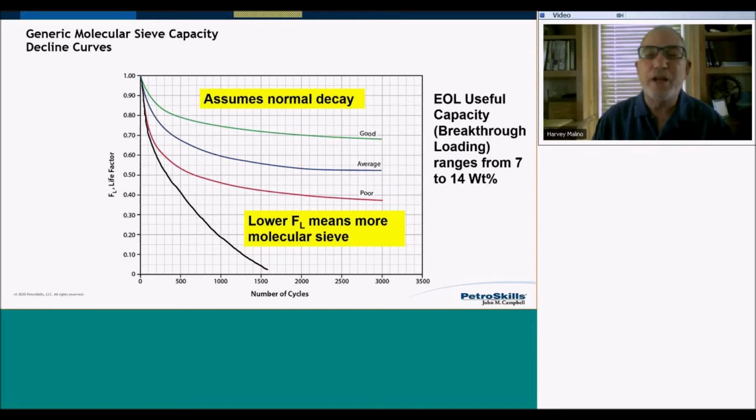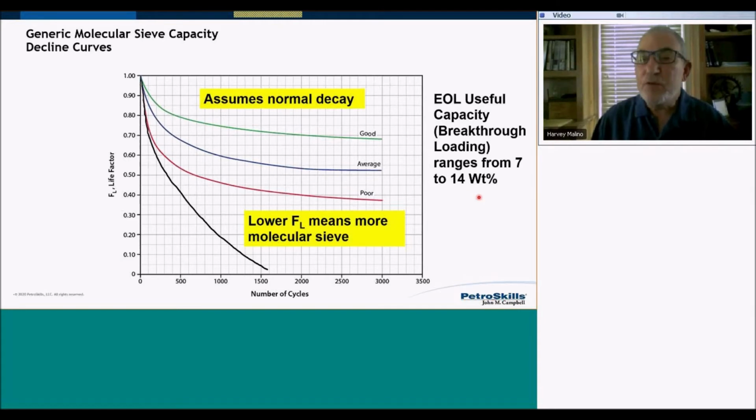You have to look at the entire dynamic capacity, or at the end of life, we sometimes call that useful capacity or breakthrough loading. And when you take into account the aging and the size of the mass transfer zone, you're going to go from a theoretical 23.5 weight percent equilibrium capacity to a useful capacity ranging anywhere from 7 to 14 weight percent.